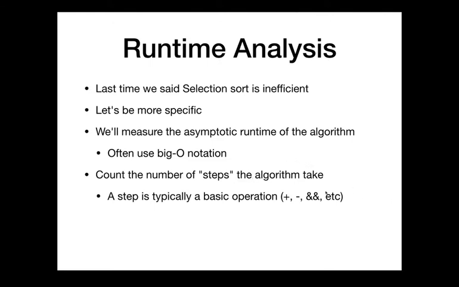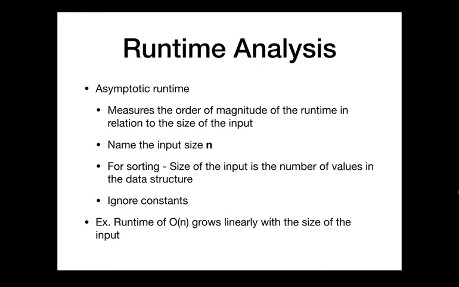So let's count the number of steps and count them asymptotically, meaning as long as it's the same order of magnitude as whatever we say, then it's okay. So if we have some input of size n, and the algorithm, the method that we have, takes O of n steps, what we're saying is that it takes n times some constant and potentially even plus some constant number of steps to execute.